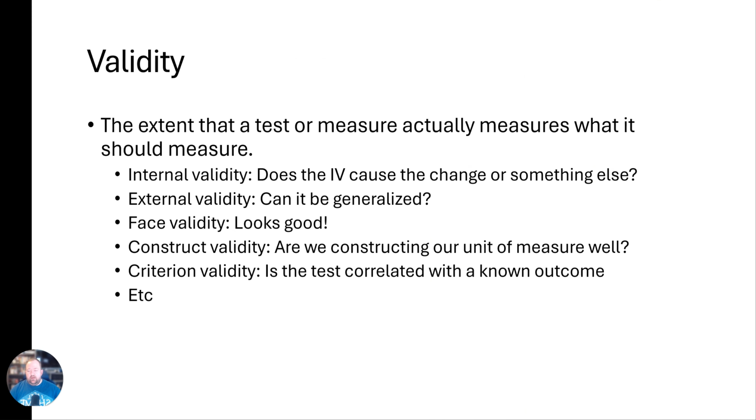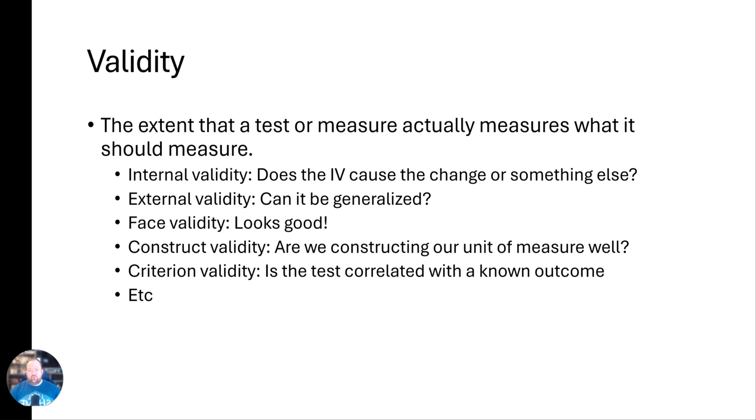So validity, you've probably gotten this lecture before, so I won't stress it too much. In psychology, validity is the extent that a test or measure actually measures what it should measure. There are more formal definitions if you'd like, but there's no defined set of validities.